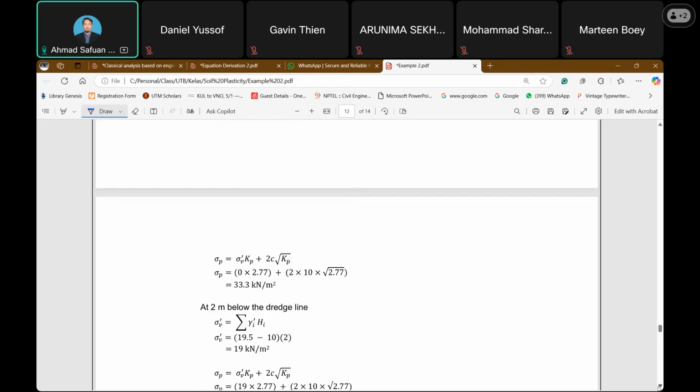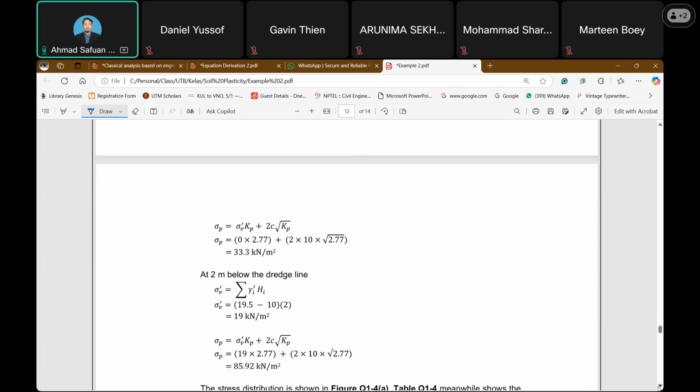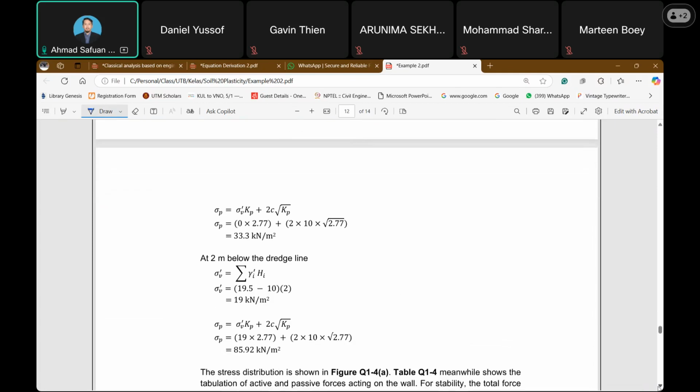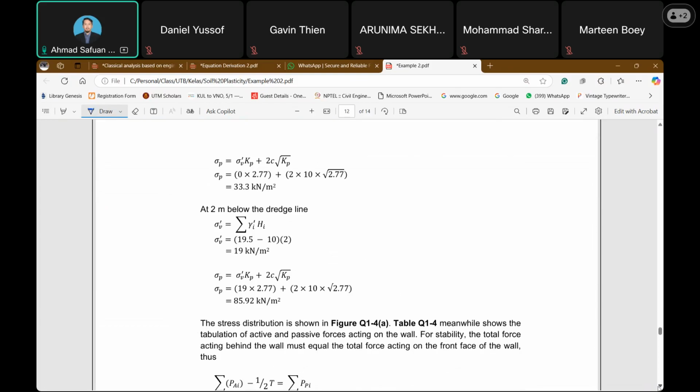Then sigma P for the passive at the dash line is equal to 33.3. Then 2 meter below the dash line, it's 19 for the sigma V, and then sigma P is equal to 85.92. So that is for the passive part.